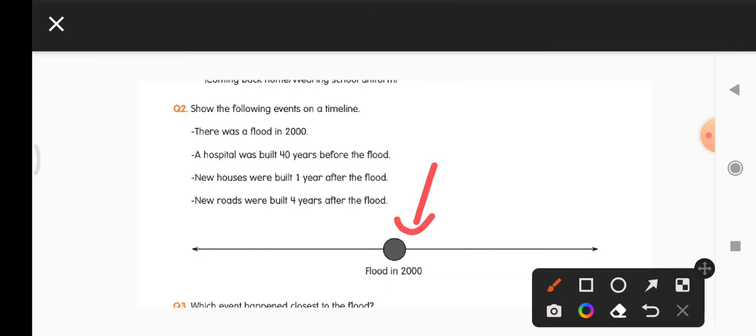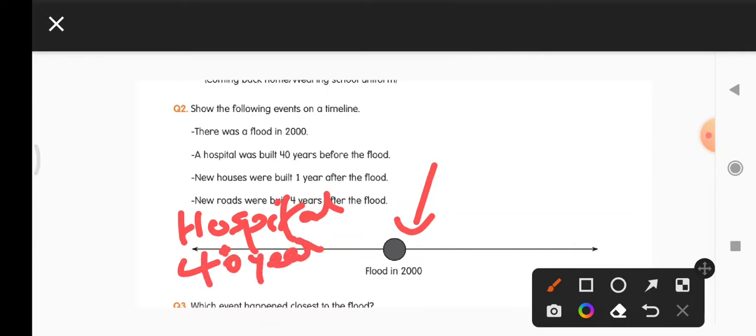A hospital was built 40 years before that. So here you are going to show on this dot, hospital, 40 years before.